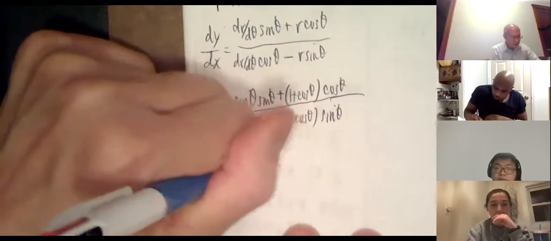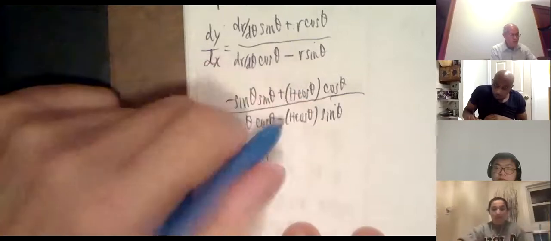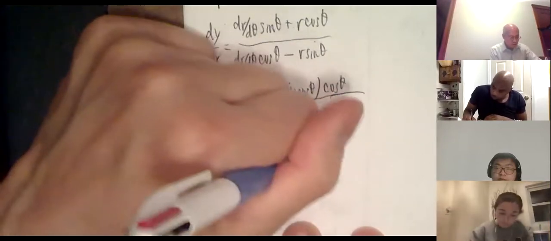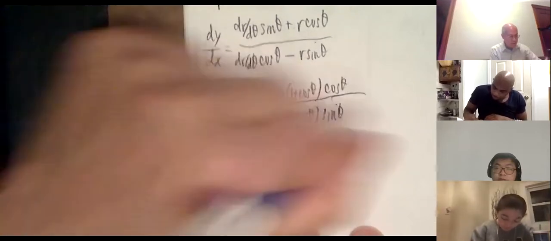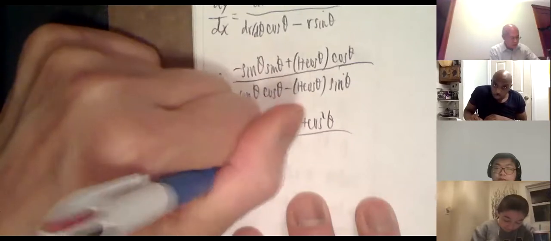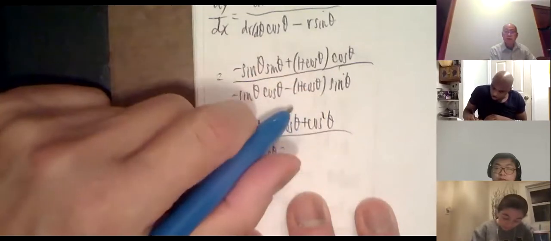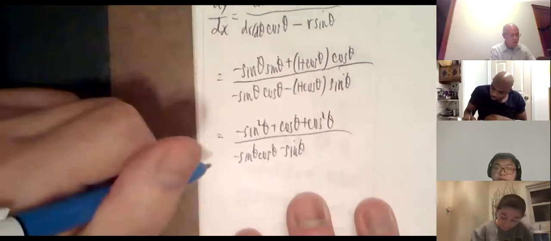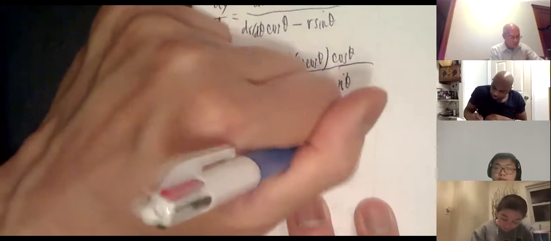Negative sine squared theta plus cosine theta plus cosine squared theta, divided by negative sine theta cosine theta minus sine theta minus sine theta cosine theta.